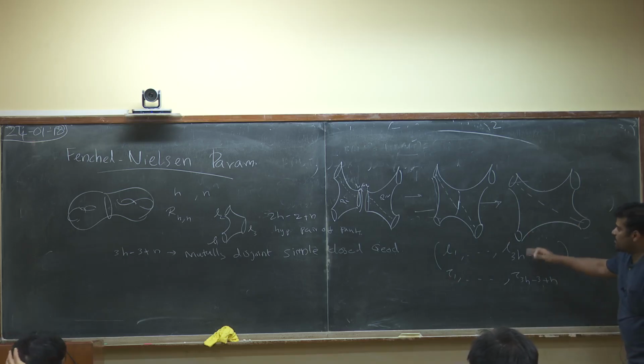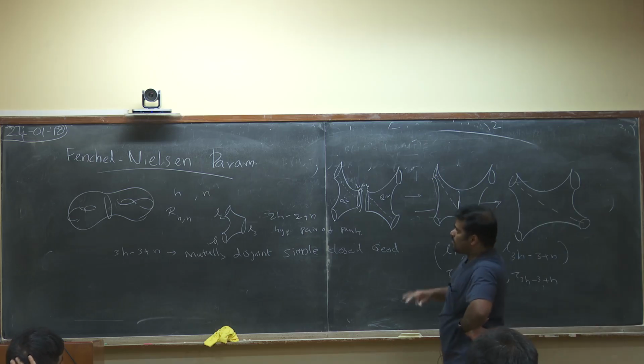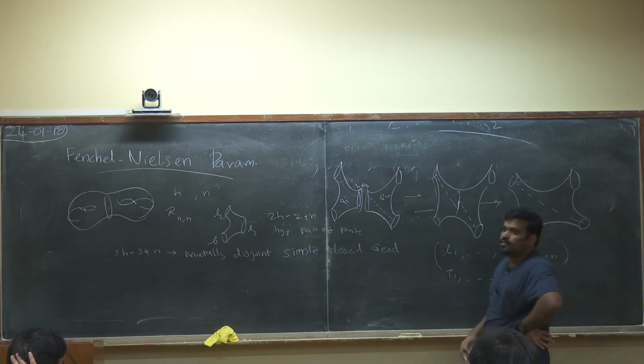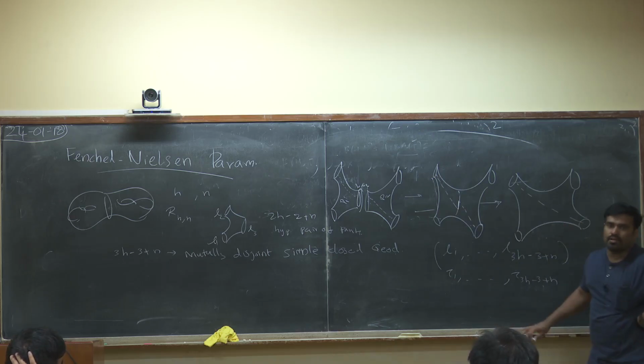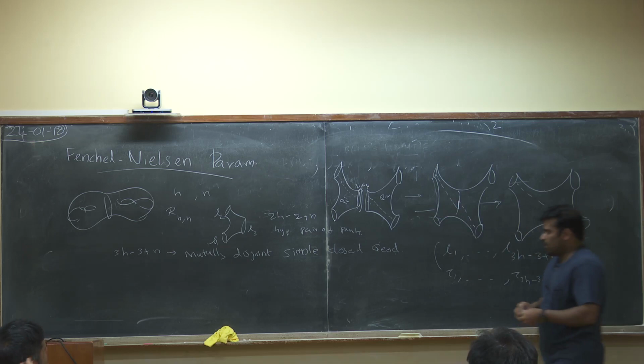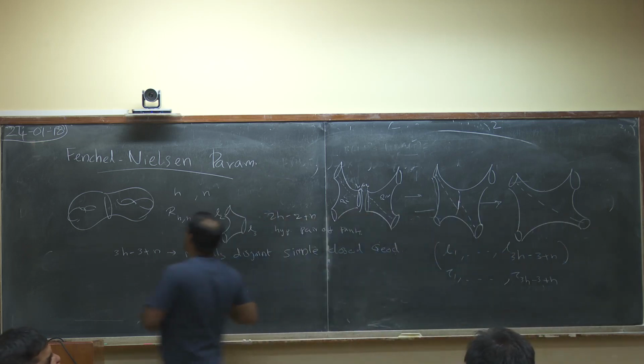When you vary these real parameters, the non-trivial statement by Fenchel and Nielsen is that they showed that they produce all possible hyperbolic Riemann surfaces having h handles and n boundaries, which is a highly non-trivial statement. But the construction looked discontinuous. Then, what Wolpert has done is the following.